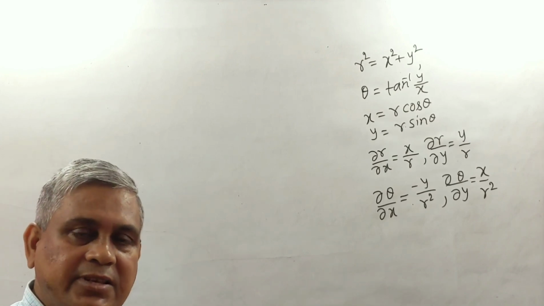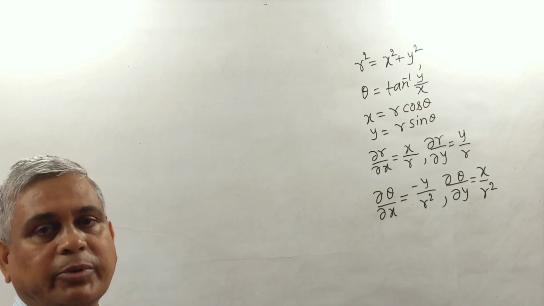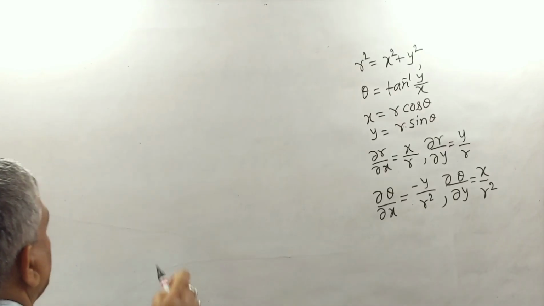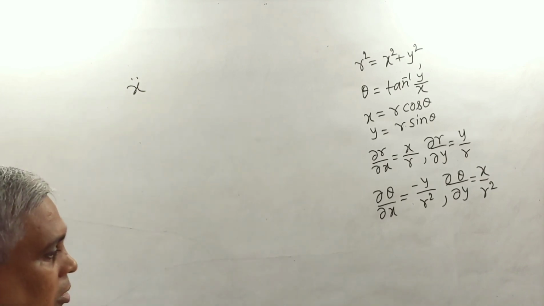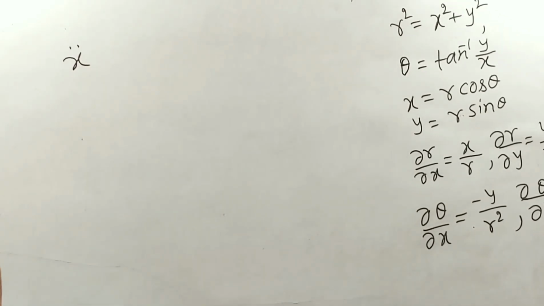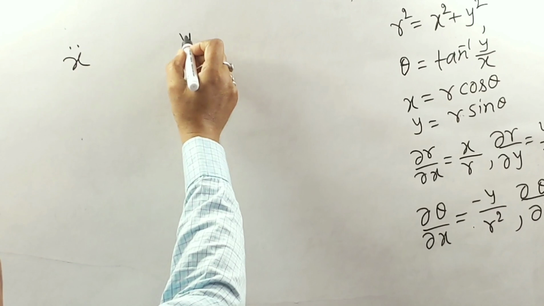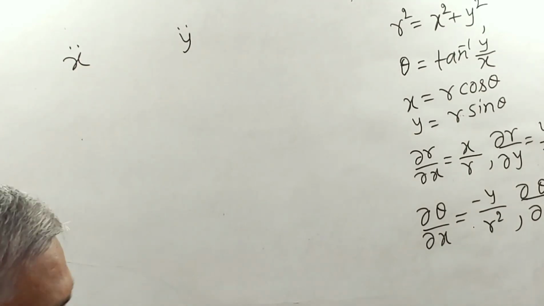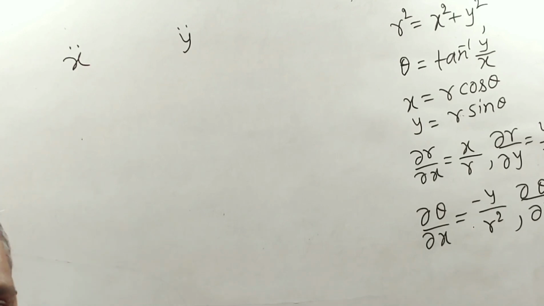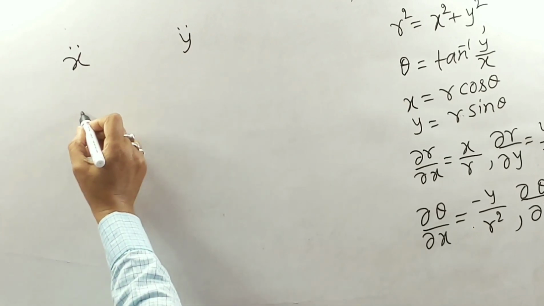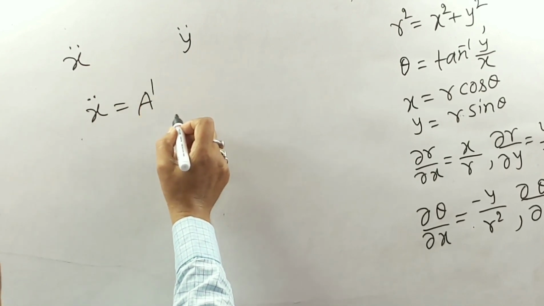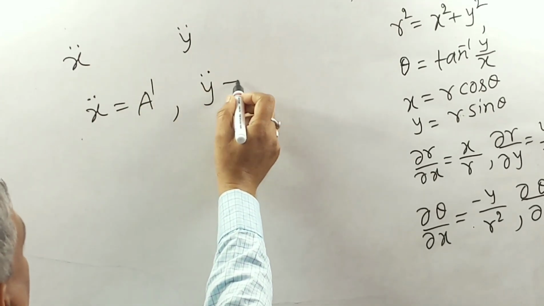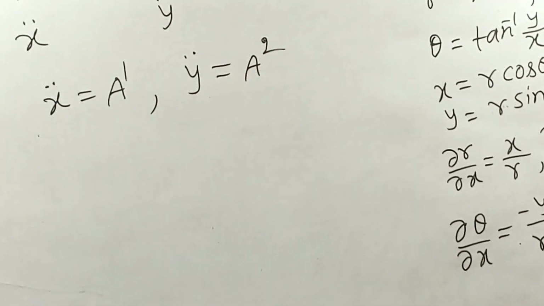Similarly, the acceleration vector is also a contravariant vector. Here, x double dot is the acceleration along the x axis and y double dot is the acceleration along the y axis. We write x double dot as a1 and y double dot as a2.